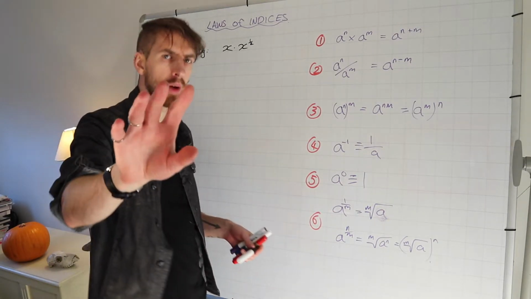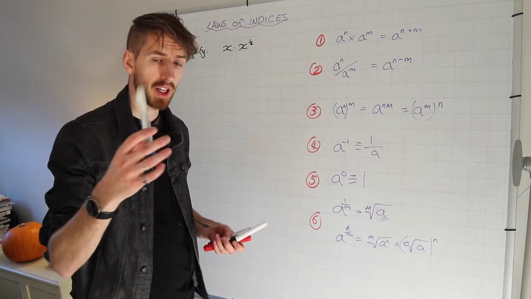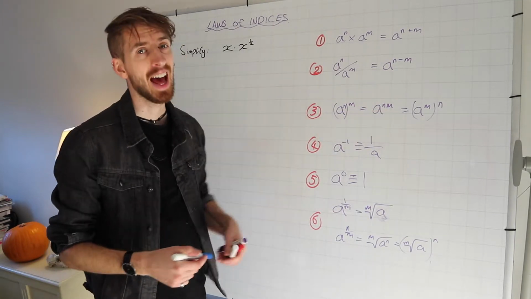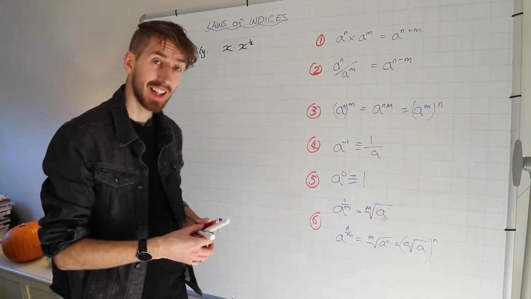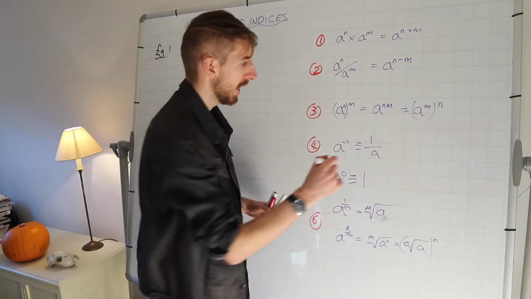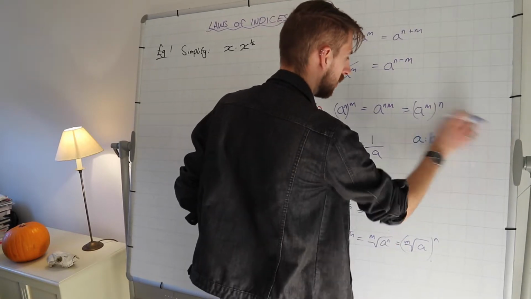I'm going to actually stop here because I haven't explained what this A is and what the N and M are. So let's just backtrack a little bit. A is the base, and that base can be any real number.